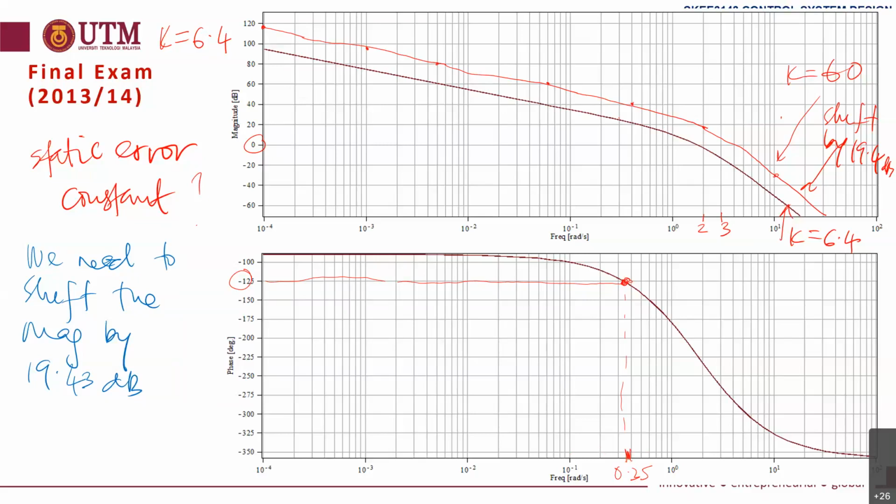Here, please look into your plot. Find minus 126 degrees, which is at about 0.35 radian per second. Then we look into the magnitude at that frequency.